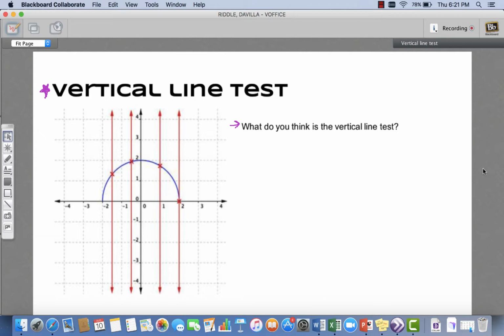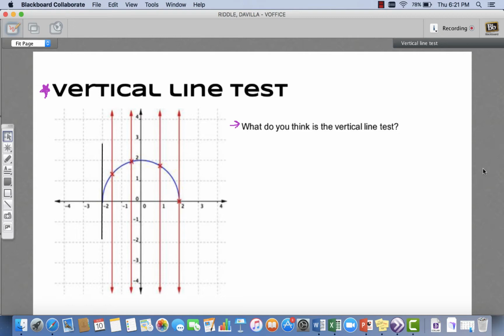It's all of these red marks right here that are going down with the graph. What it means is that if you had an imaginary line scanning through your graph, it should only hit one point at a time, right? So if I drew a vertical line here, it should only be 1 point.